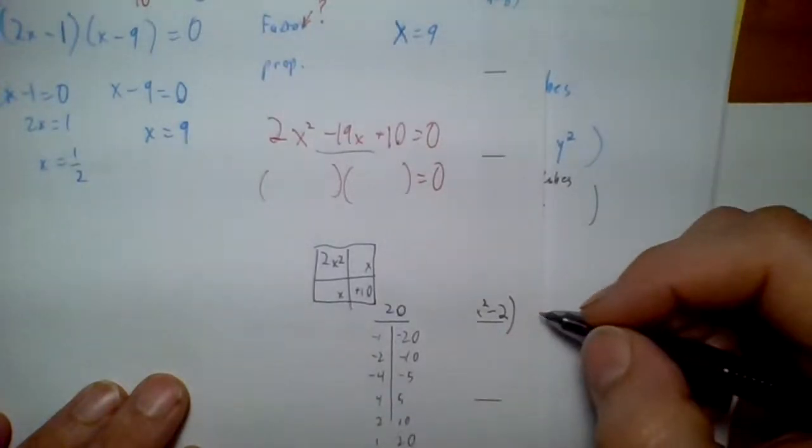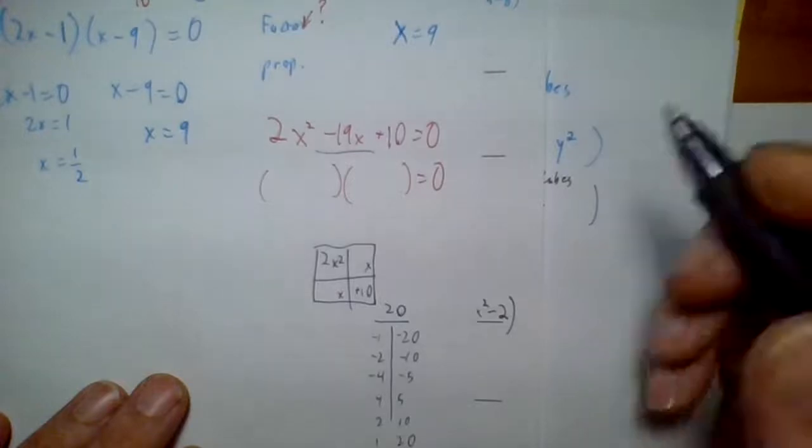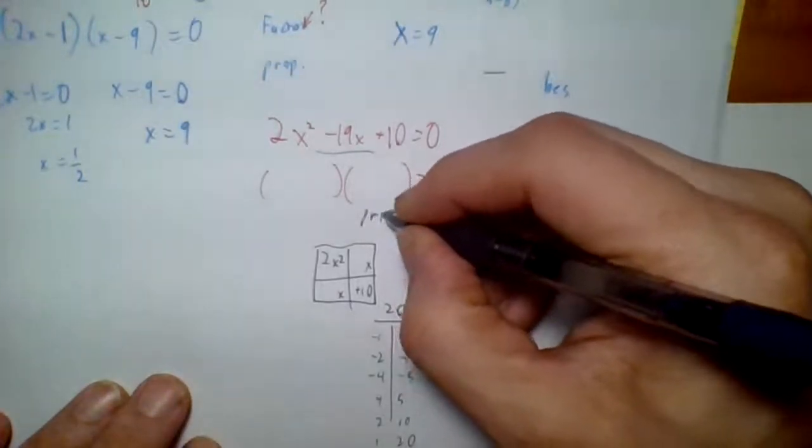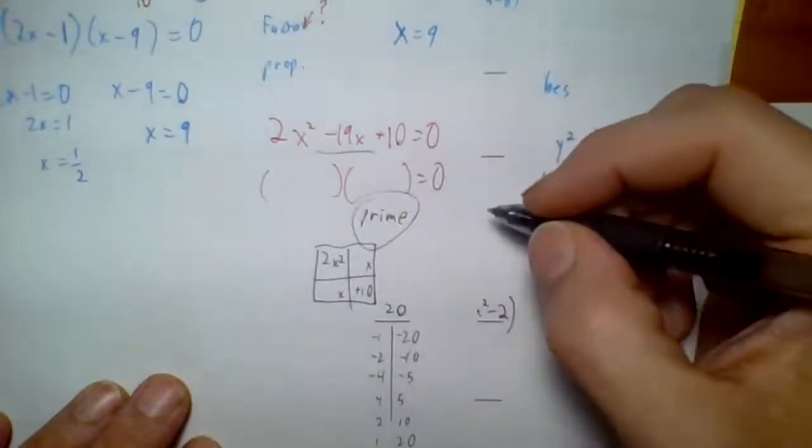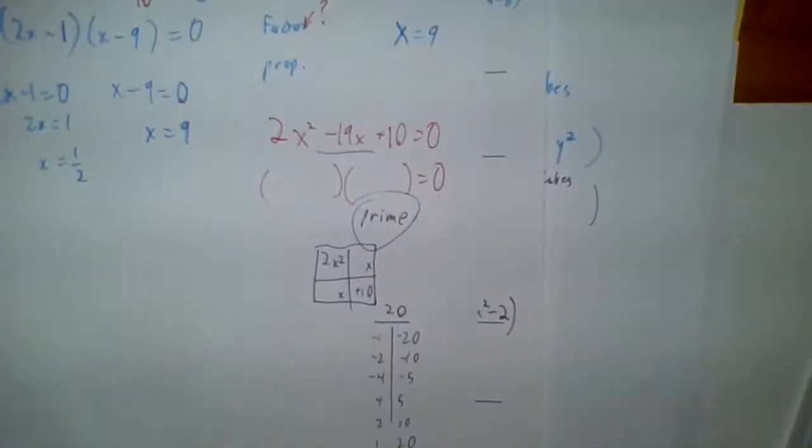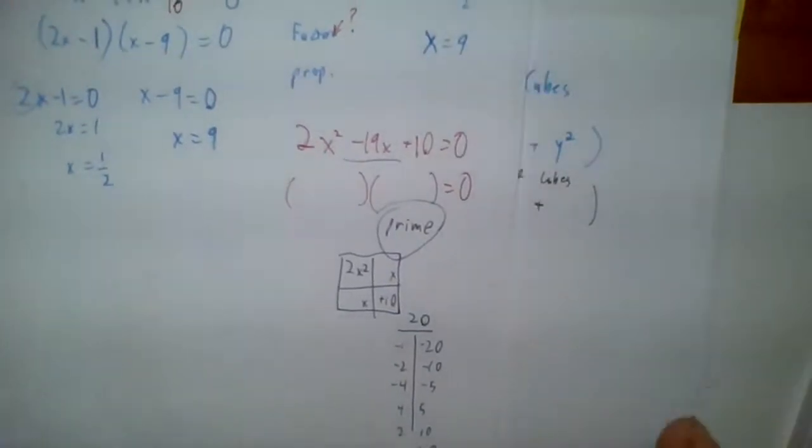So if you look at your possible factors and none of them add up, then it's prime. But that doesn't help us solve the equation. So that's the limits to this. If it happens to be numbers that don't work out, then you've got a prime polynomial and your zero factor property doesn't do you any good.